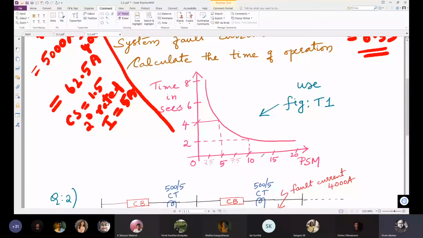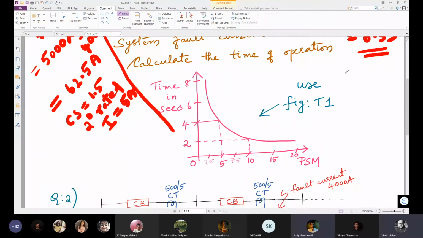So this is somewhere in between 7.5 and 10, right? 8.33. So what is an approximate value? Maybe 2.5, right? I'm taking it as 2.5. So if it is 2.5, then that is the time in seconds. What should be done with that? We multiply that by the TSM.